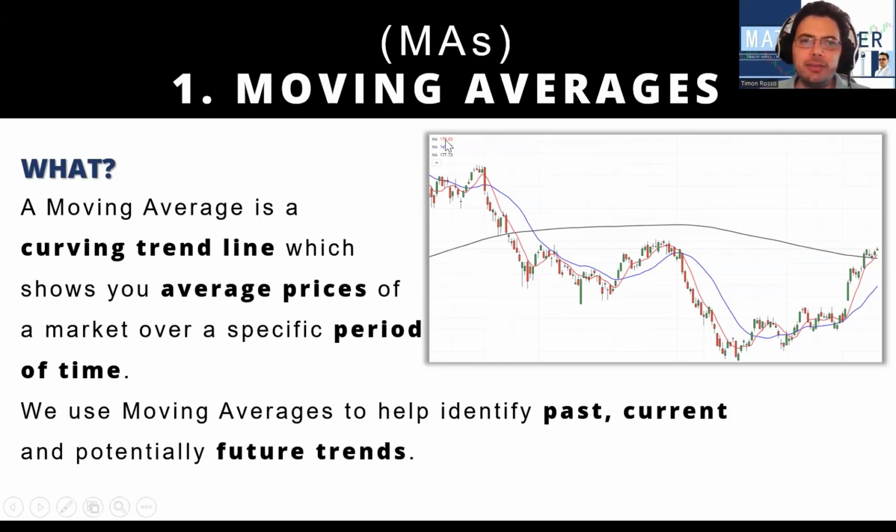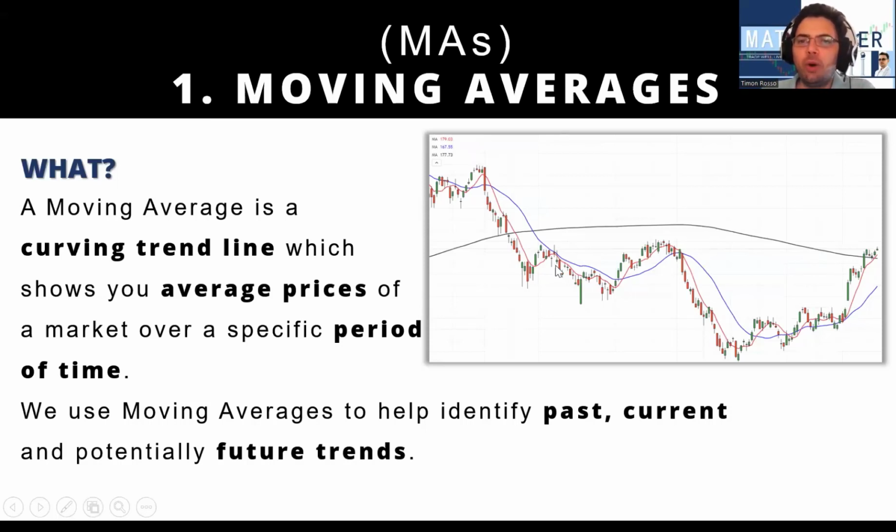The fast moving average, for example the 7, will sit closer to the price than a slower moving average, such as the 21 or the 200-day moving average. We use moving averages to help identify the past, the current, and potentially the future trends.